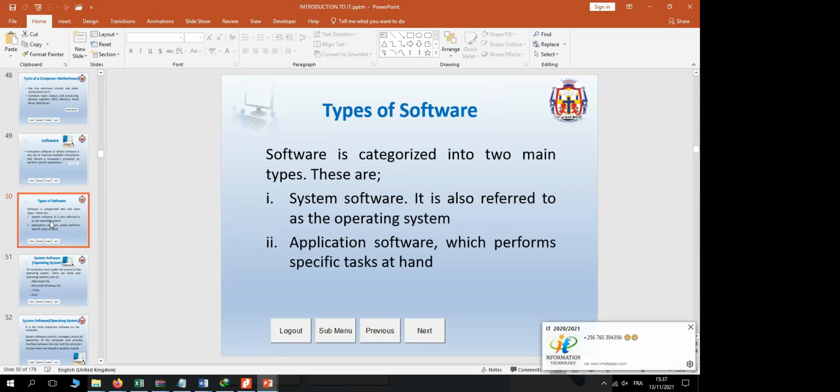Then before Windows 8.1, we had Windows 8. Then before Windows 8, we had Windows Vista. Then before Windows Vista came, we had Windows 7. Then before Windows 7 came, we had Windows XP and so many others before.